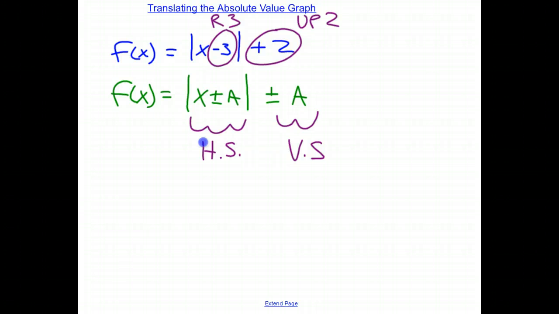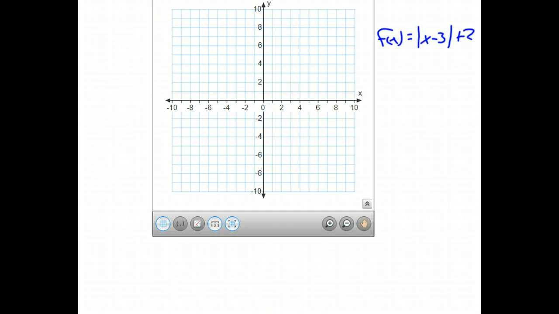Let's take a look. Here we know the starting point is going to start at 0, 0. The parent function graph, the starting point is always 0, 0. And actually, when we look at these graphs, we can tell where the vertex point is just by looking at it, and we'll get to that in another minute or so. So starting here, what's happening? We already wrote this out. We know it's got to go to the right 3, and we know it's got to go up 2.